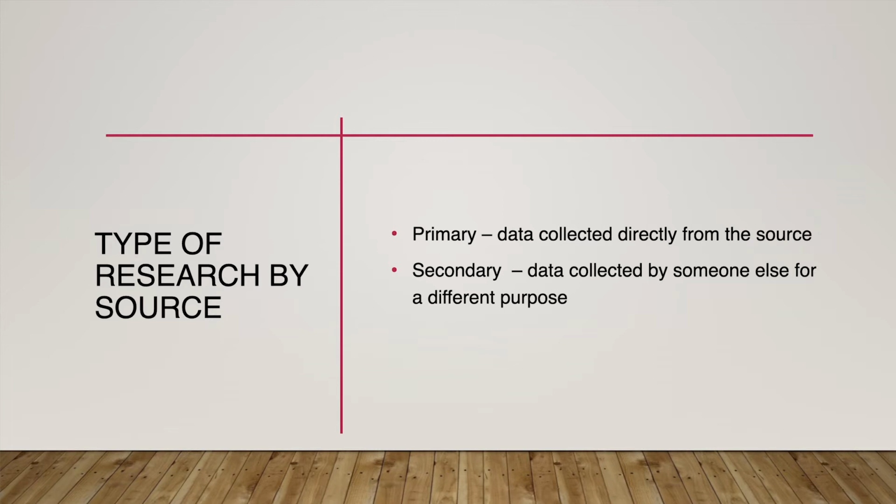Then your textbook identifies two types of research depending on where your data is coming from: primary research and secondary research. Primary research is when we get our data directly from the source, whether we interview people, whether we survey them, whether we do content analysis on the newspapers. This is all primary research.